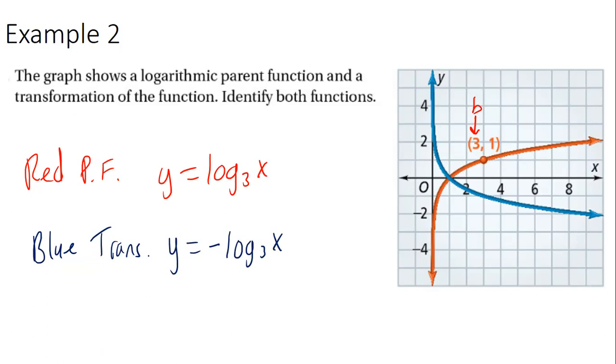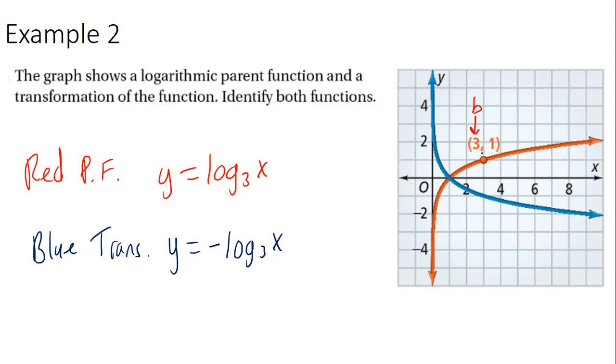Exactly. So if it not only reflected, then it would also have a value greater. Visually, it would be your y value getting bigger. So like if I was at 3,1 and there was no reflection, if it was a stretch, then this would have become like 2.